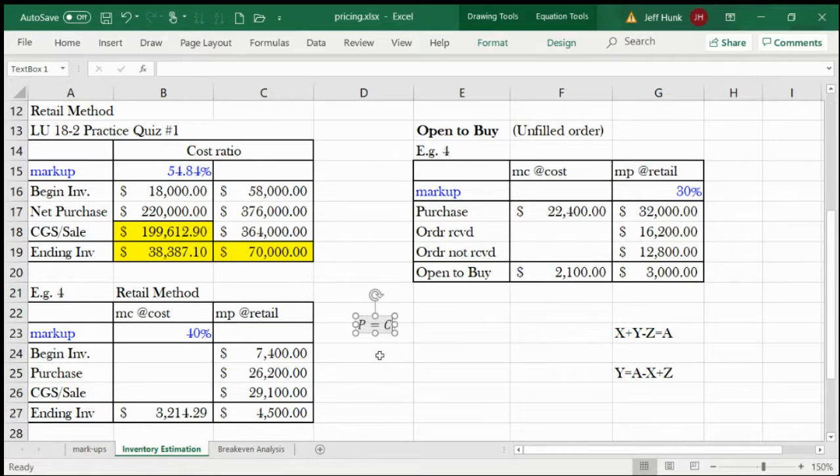C times 1 plus markup rate based on cost, right? That's what price is.